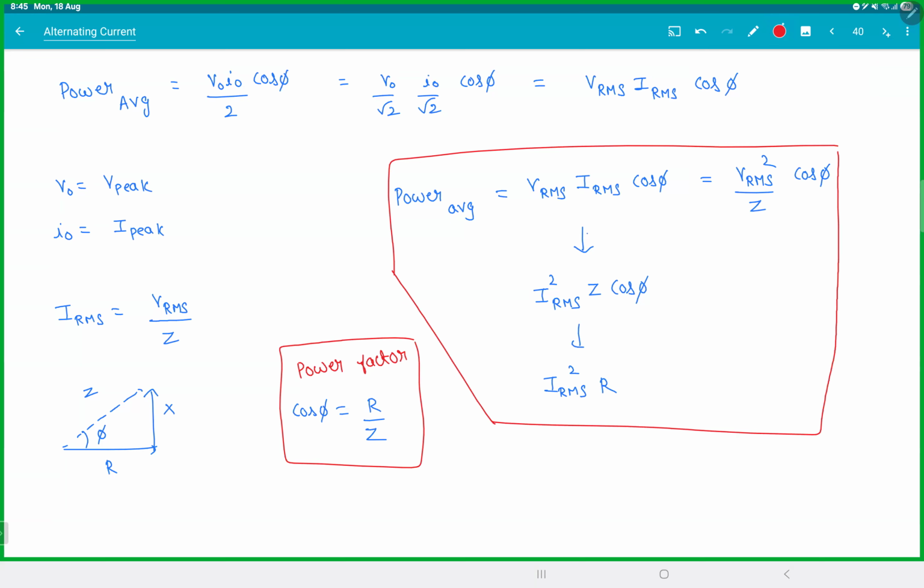So what is this power factor exactly? This power factor cos phi, we prefer it to be as close as possible to 1. Let's talk about that a bit. So generally the value is around 0.9.